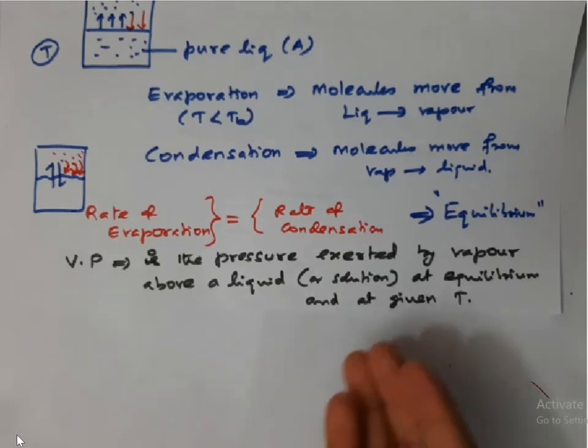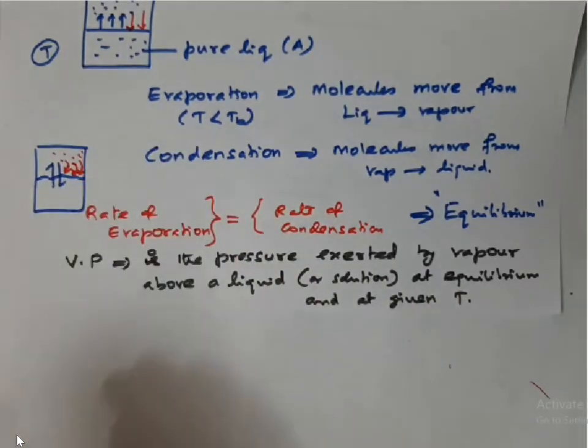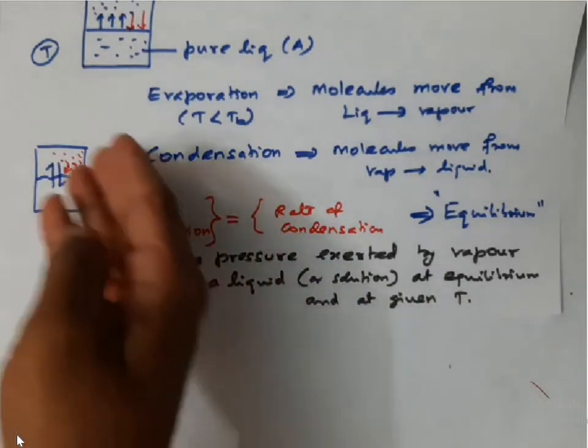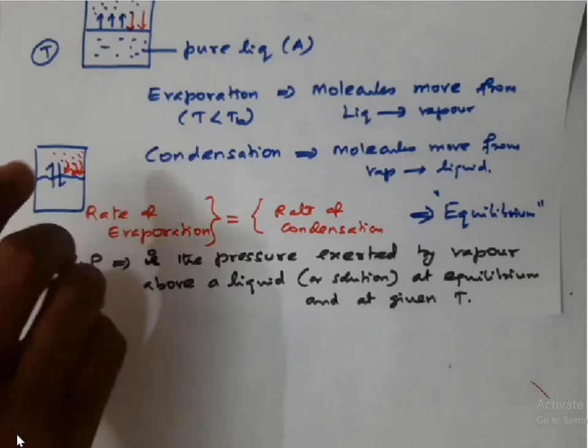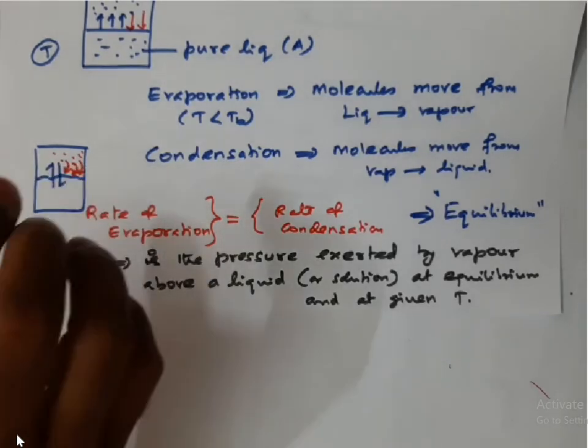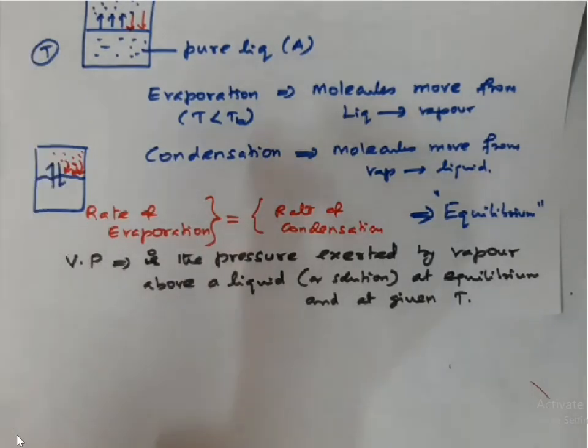If temperature changes, what will happen? If we increase temperature, you will get more vapor, so vapor pressure will increase. So whenever you want to give the vapor pressure of some liquid, you must mention the temperature, because it is absolutely a temperature dependent term.